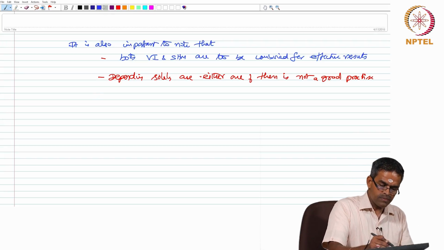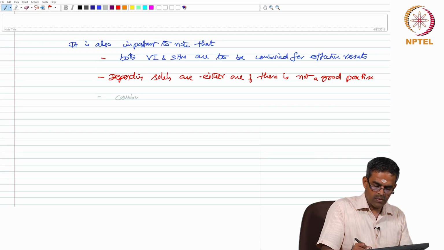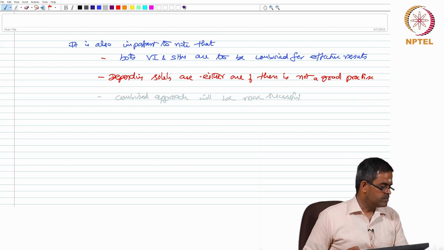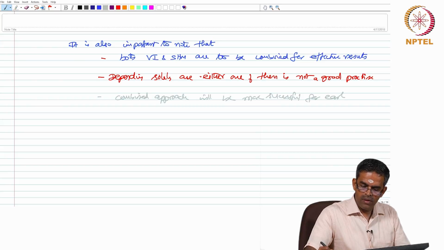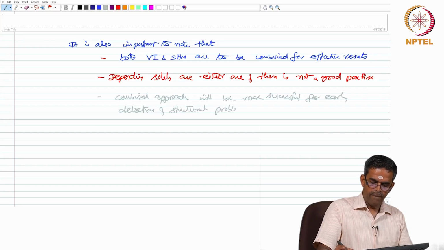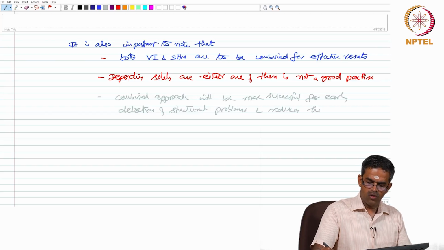Combined approach will be more successful for early detection of structural problems and reduces human error.